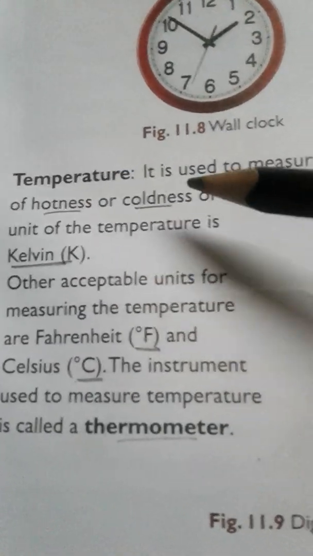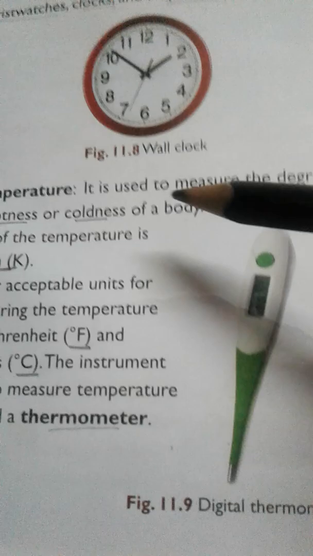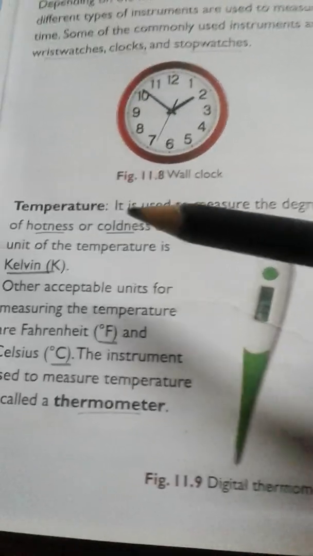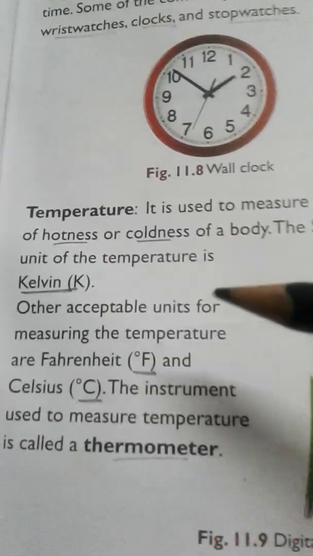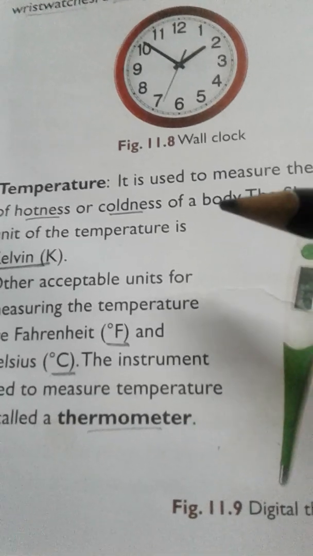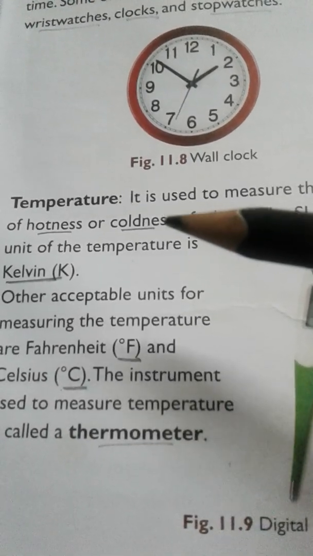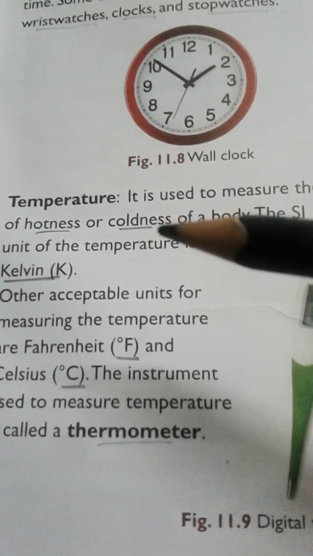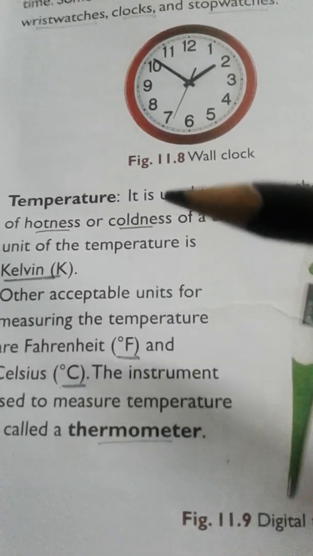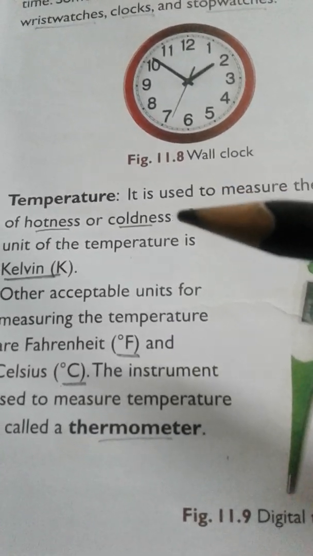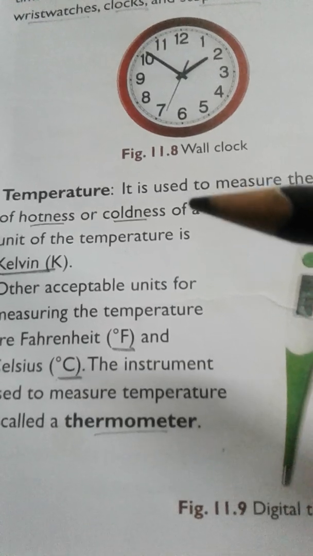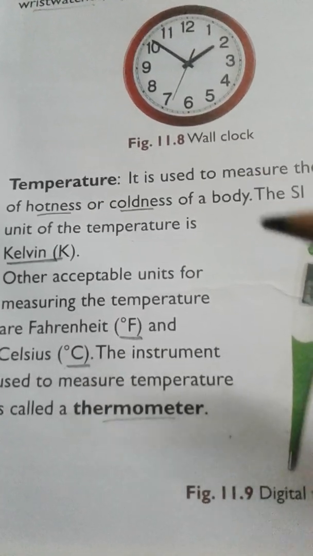Okay. Next is temperature. What is temperature? It is used to measure the degree of hotness or coldness of a body. If your body is hotter than normal, that means you have fever. So we have to measure this hotness.